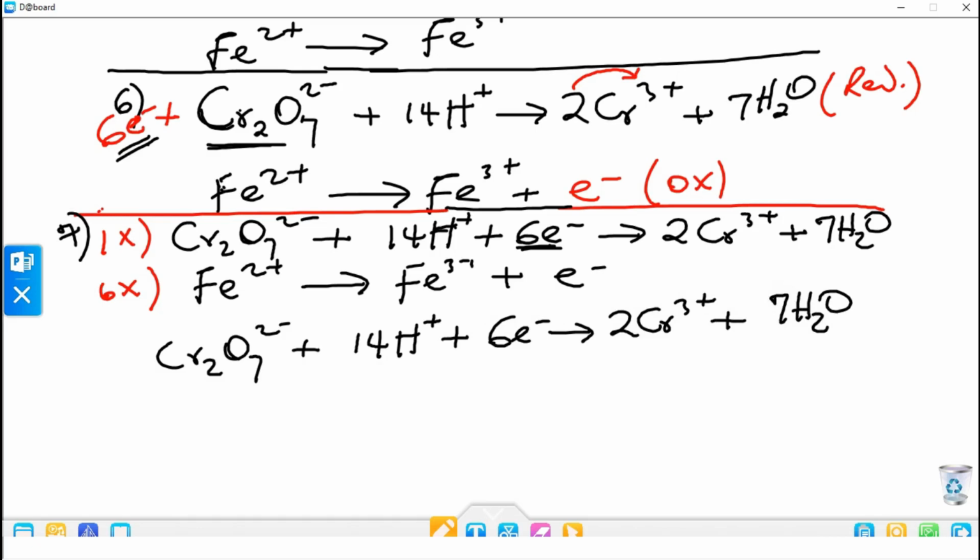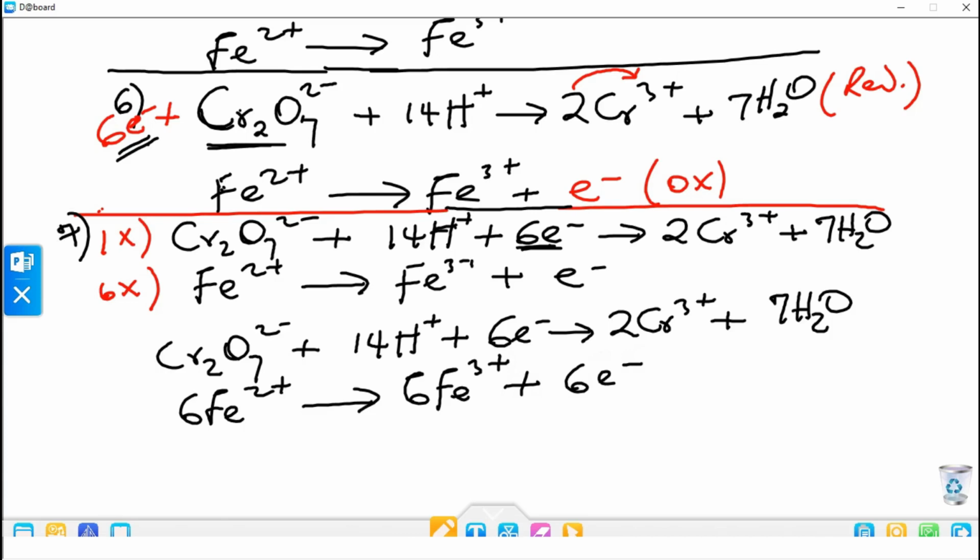In the case of the oxidation half cell, 6 times Fe2 plus is 6Fe2 plus. 6 times Fe3 plus is 6Fe3 plus. 6 times 1 electron is 6 electrons. So we have done step 7.